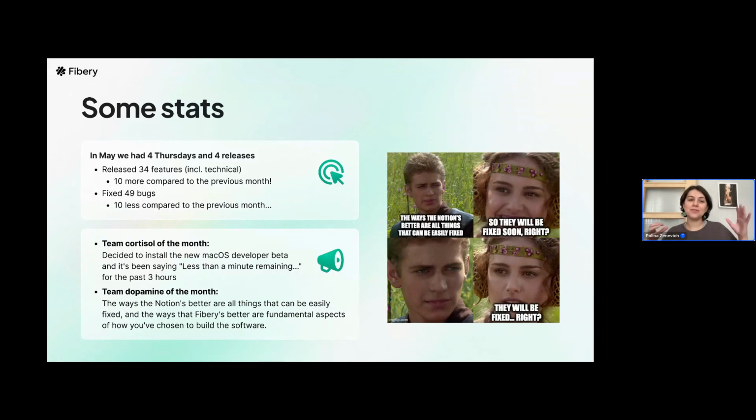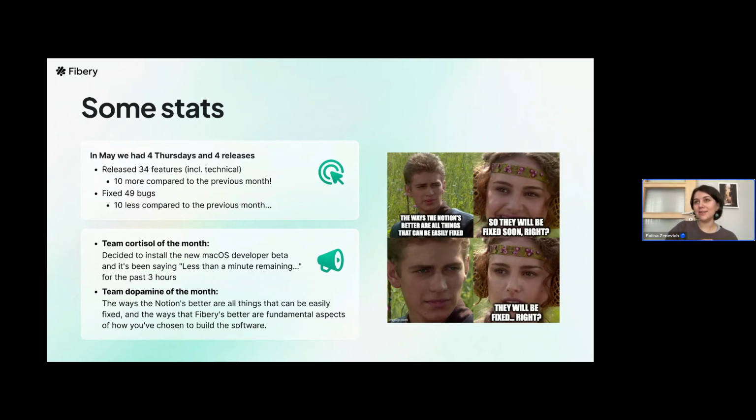We also have Team Cortisol of the month and Team Dopamine of the month. So the cortisol was having less than a minute remaining error for the past 3 hours for the new Mac developer beta. And the dopamine of the month was that one of our users mentioned that the ways Notion is better are all things that can be easily fixed, and the ways that Fibery is better are fundamental aspects of how you have chosen to build a software.